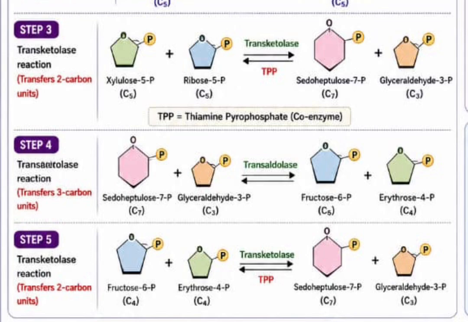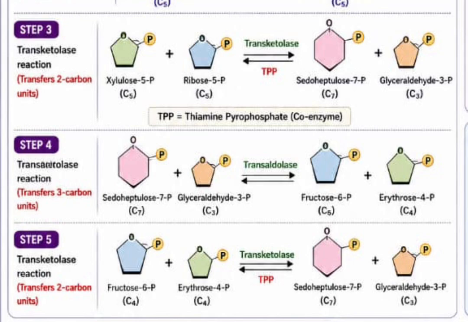When you give it to ribose, it will form sedoheptulose, which is a 7 carbon sugar, because when 2 is given to 5, it becomes 7. So sedoheptulose 7-phosphate, which is a ketose sugar, and glyceraldehyde 3-phosphate, which is an aldose sugar.